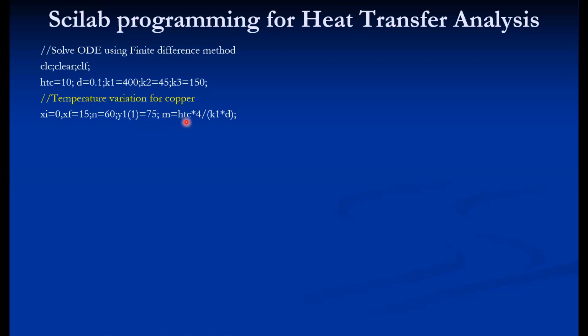And for the M value, we write the formula of HP by K, and P by A is the hydraulic mean diameter, which is D by 4. Accordingly, we write the expression of M, which calculates M using the HTC value, K1 value, and diameter value. So these are the given quantities, like when we solve the numerical.